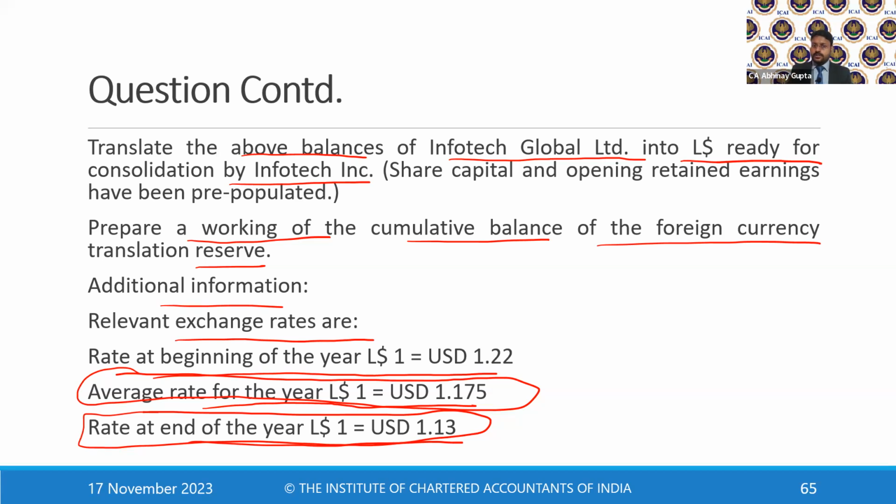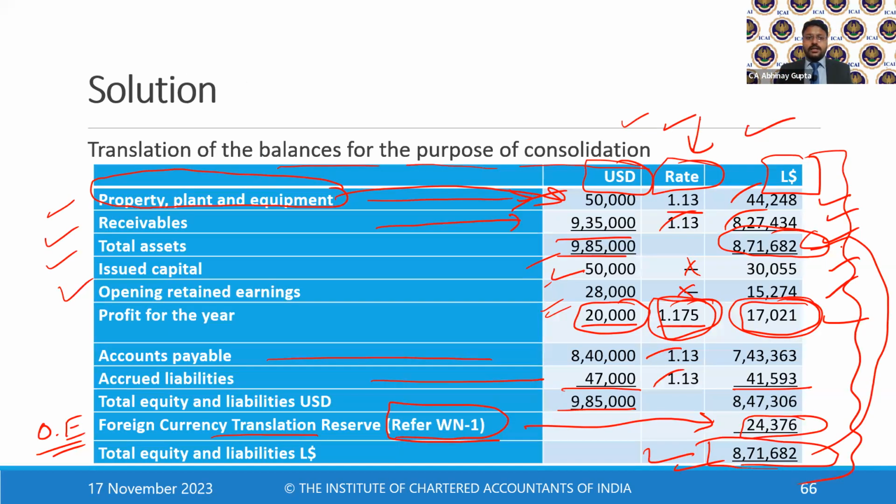And if it is kept at cost, then there wouldn't be any conversion required. Since the question is silent, and we just want to showcase that if non-monetary items are converted then gain or loss is recognized, we have assumed here that this is at the revaluation model.